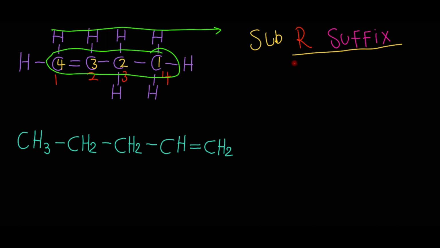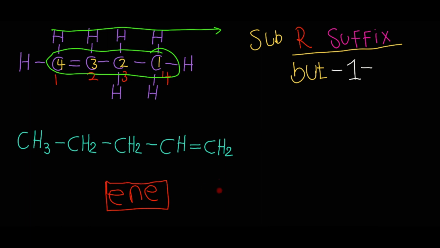But we have to be specific about where this double bond is found. This double bond is found in carbon number 1. So we will put a dash, then write 1, and from there write the suffix. The suffix is the ending name, because we are dealing with alkenes, so our suffix is always ene. If it was an alkane, we know it is ane.